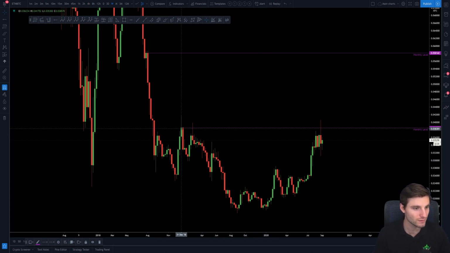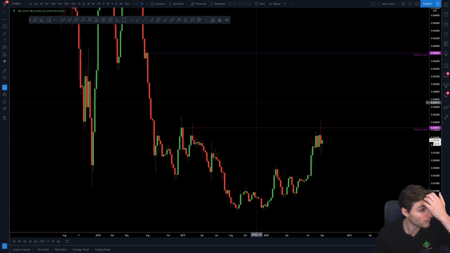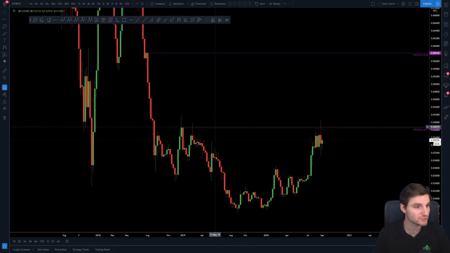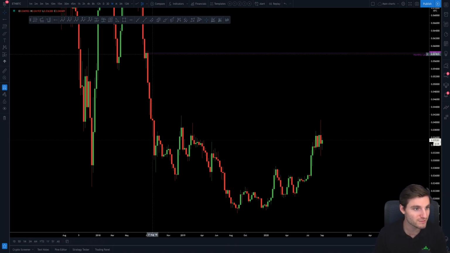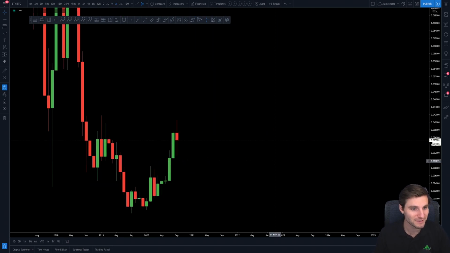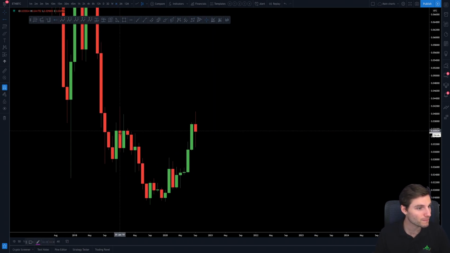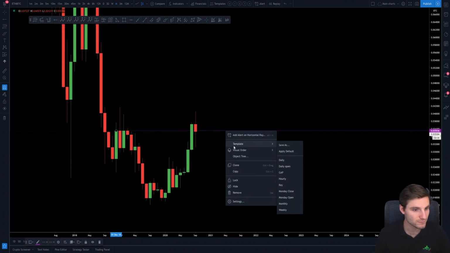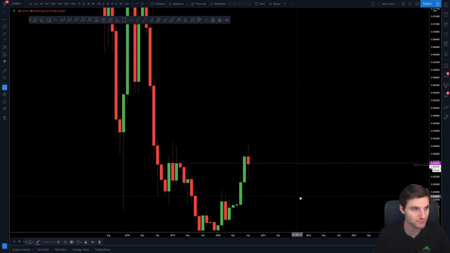Marking up the monthly levels first. Sorry, absolutely noob mistake. I'm not even on the monthly chart. There we go. As we know, this is a really big monthly level.